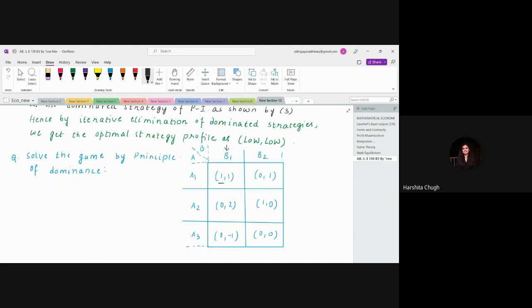And by fixing B2, A will choose A2. So therefore, any conclusions from this step? So A3 is eliminated from player 1. So that is the first part.